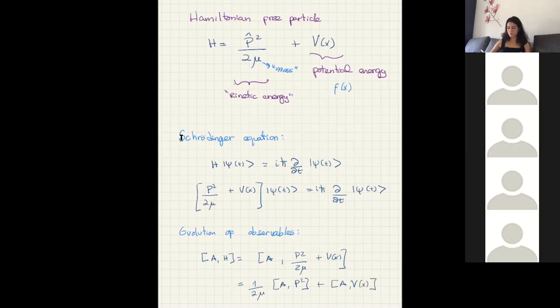And this is going to be very convenient because most of the observables that we'll consider will either depend only on p or only on x, so one of these two terms will be 0.